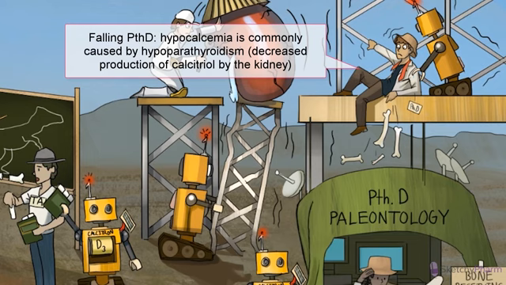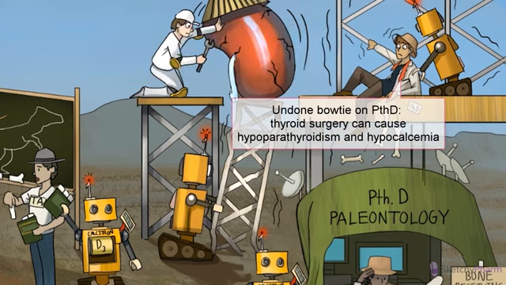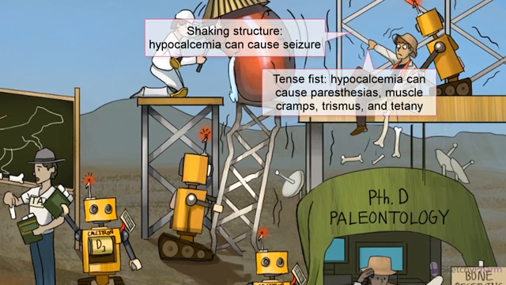Note, however, that vitamin D3 and D2 will be less effective here because no PTH means reduced activation of vitamin D by the kidney. I also want you to notice that the PTHD's bow tie is undone. The undone bow tie represents surgical trauma to that bow tie-shaped thyroid gland. The inconspicuous parathyroid glands can be injured during thyroid surgery, causing post-operative hypoparathyroidism and hypocalcemia.